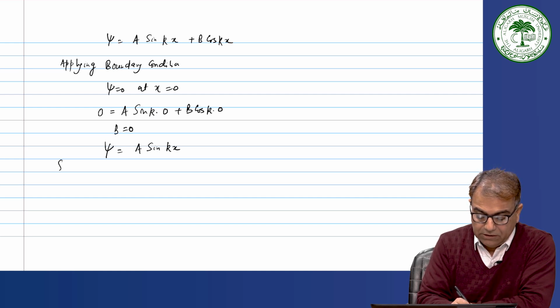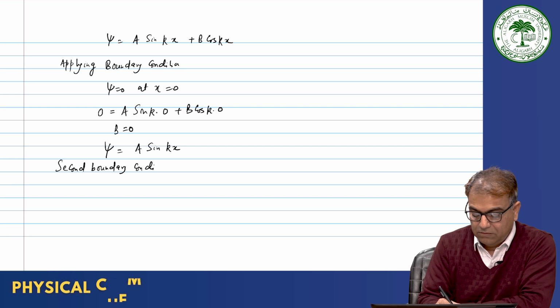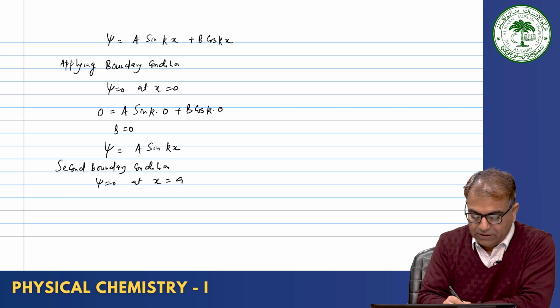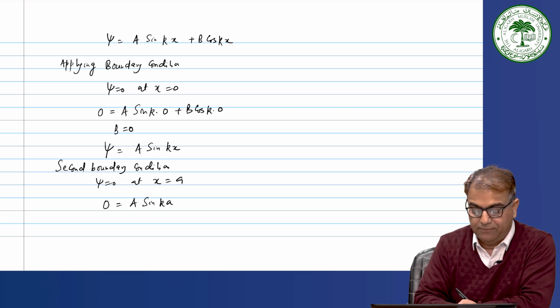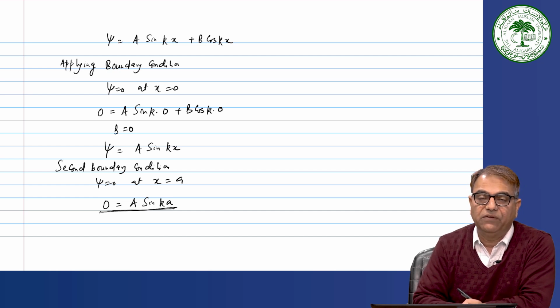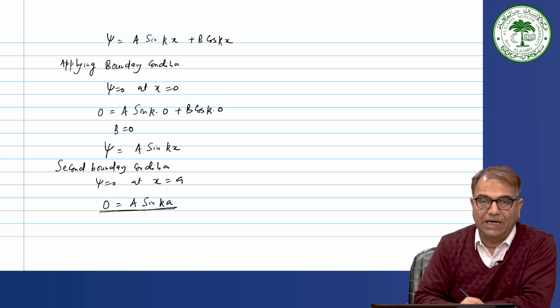The second boundary condition is that psi is equal to 0 at x is equal to a also. So, put these values in this equation. So, psi is equal to 0: a sin k a, x is now a. Okay. Now, this equation is true if a is equal to 0 or sin kappa a is equal to 0.